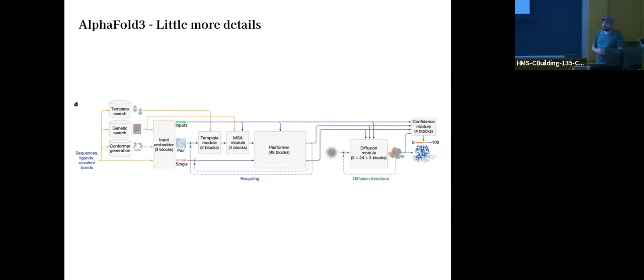I think there's a guy, Jorn Wallner, I think that's his name. He has this method called AF sample, and essentially he runs AlphaFold thousands and thousands of times and selects based on the confidence. He actually found that he can pick out the correct solution based on the confidence. My hope was that this diffusion step would have removed the need to do that, but it looks like it's still necessary, at least for antibodies.